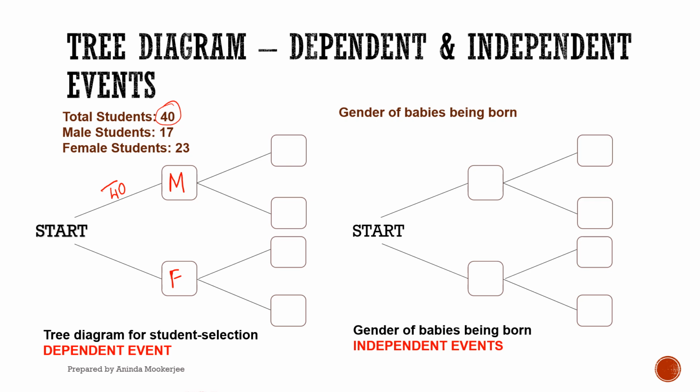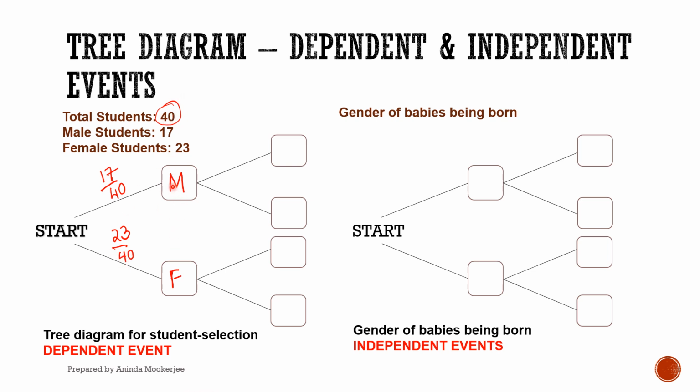So there are 17 ways in which a male student can be picked, so it would be 17 over 40. The probability of picking a female student in the first draw would be 23 over 40, correct? Because there are 23 ways in which we can get a female student out of a total of 40 students, right?